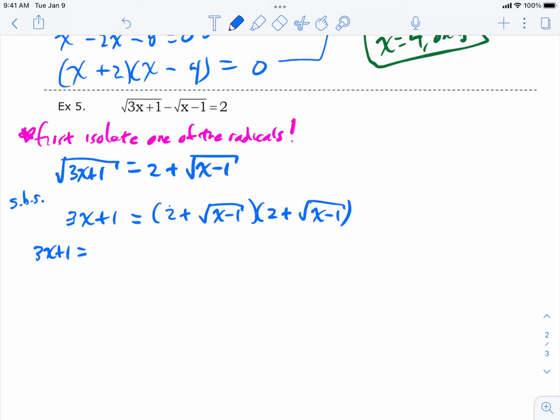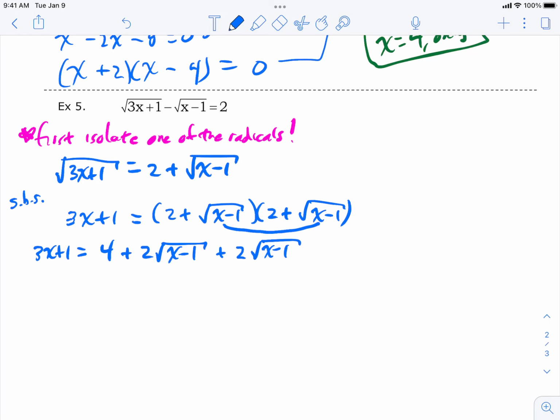Fine. Okay. 2 times 2 is 4. That part works. 2 times the square root of x minus 1 is 2 times the square root of x minus 1. That's what that is. Okay, now you got to do this one. That gives you another one of those things. Plus 2 times the square root of x minus 1 again. Okay, cool. Then you multiply this times this.